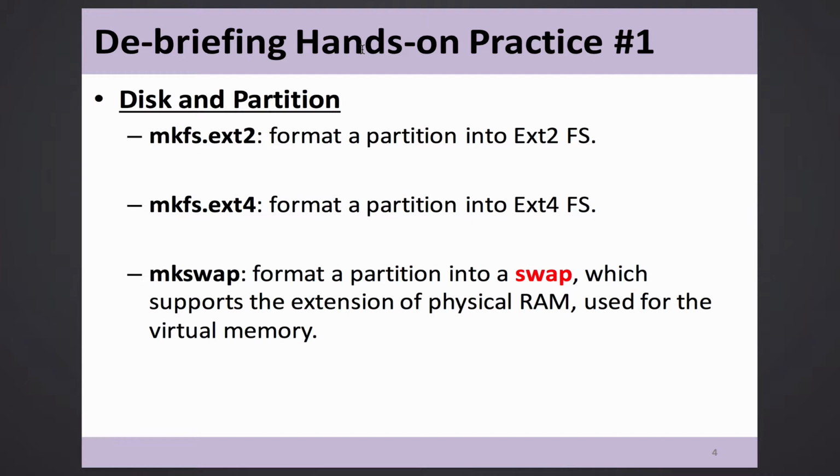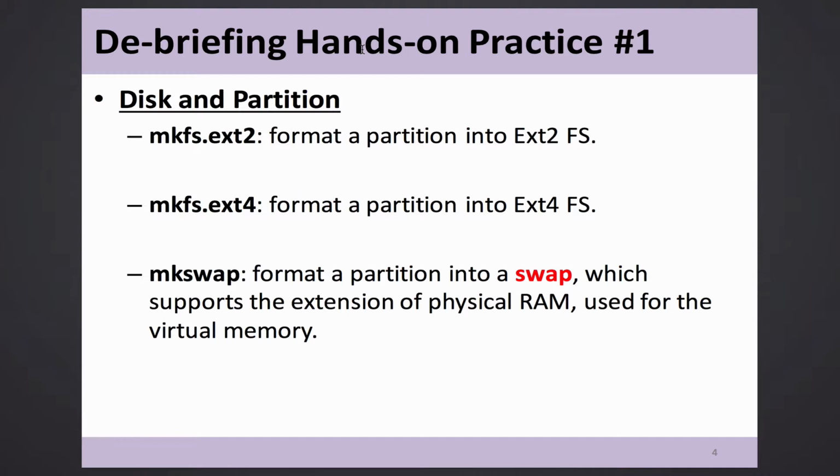It actually asks a hard disk to support the virtual memory so that you can extend the memory beyond your physical limit. Let's say the physical limit is 8 GB. Let's say you use an SSD of 128 GB. You give half of it to virtual memory, then you will have a 64 GB memory extension. This is called swap.